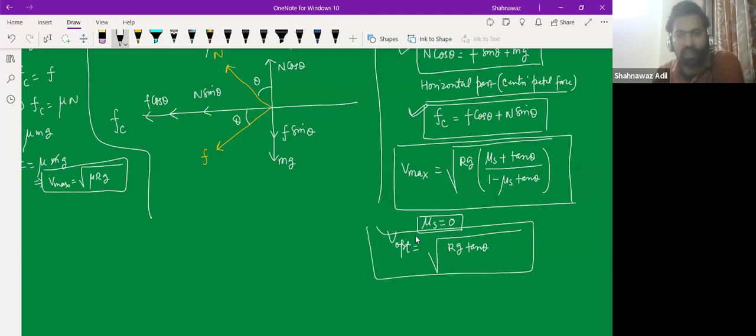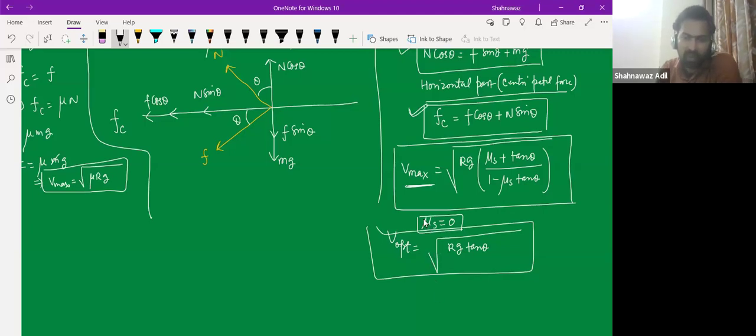So in the banked road case, we have two speeds. One is this maximum speed, where you don't consider the wear and tear of the tire and you don't bother about the friction. This would be the maximum speed with which you can move in that path without slipping.